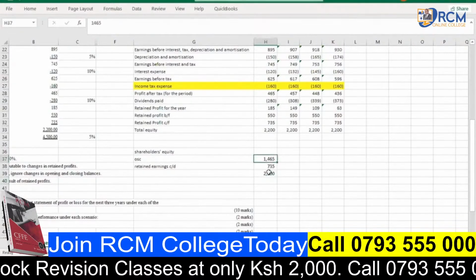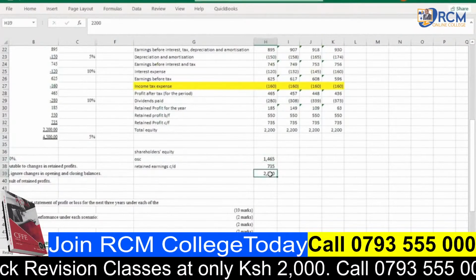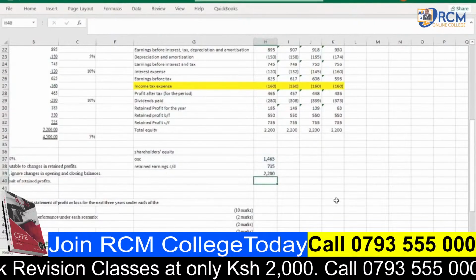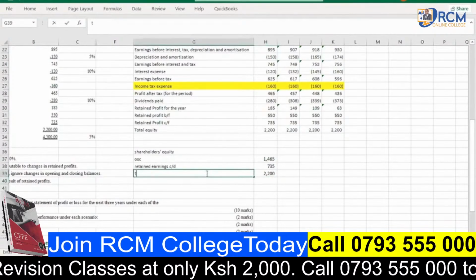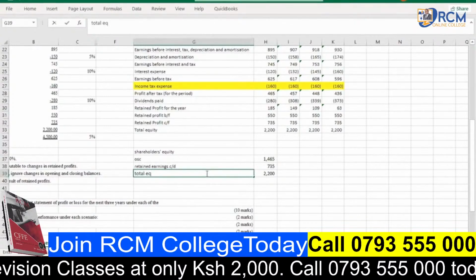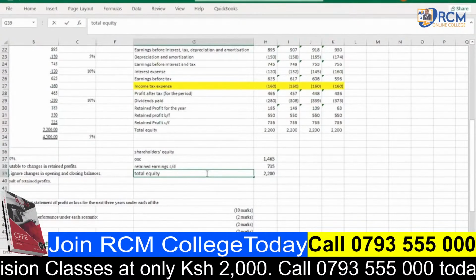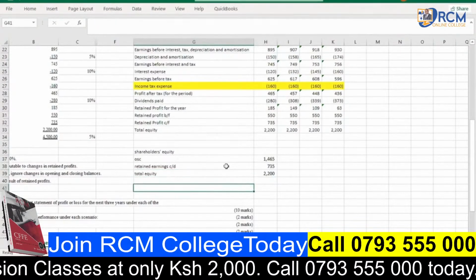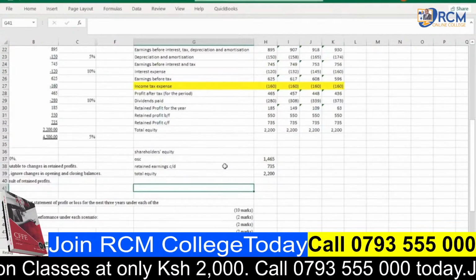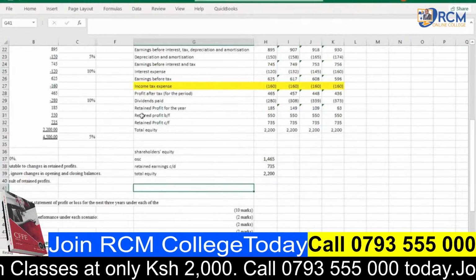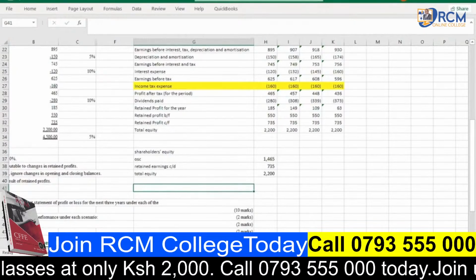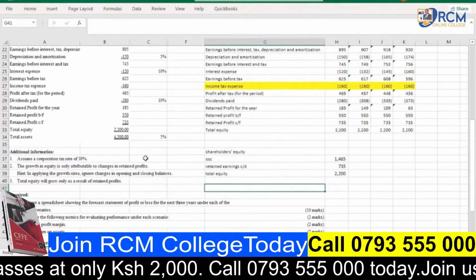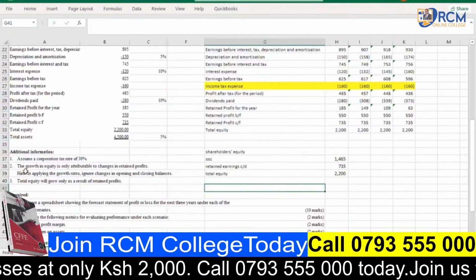So it means if I bring 1465 and add these two, I will be able to get my shareholders' total equity. Total equity is equivalent to 1645. And the examiner is telling you something that is very interesting here.